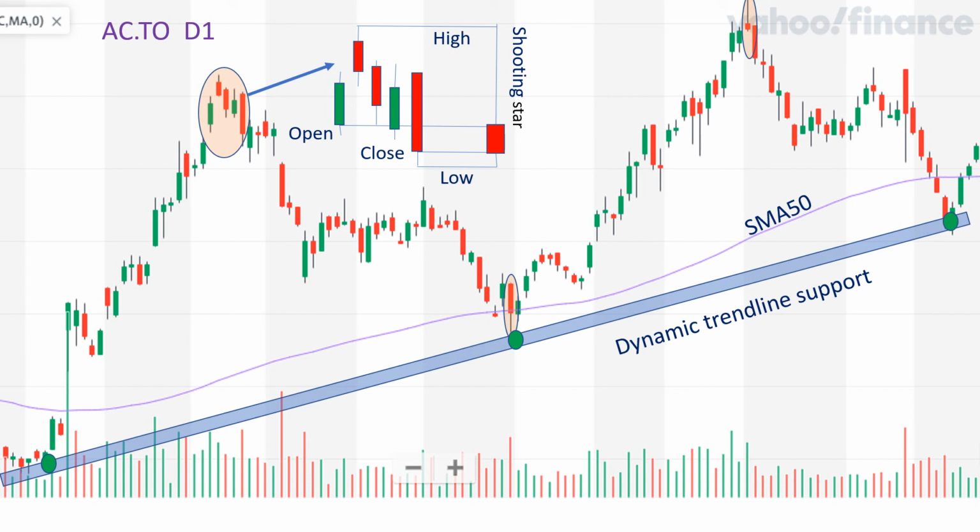You install whether a trend line, dynamic trend line, or moving average, or support and resistance levels, or Fibonacci, whatsoever you like, that I explained before. And then the last thing is, look for patterns and formations as a sign that you can enter the market and make money.